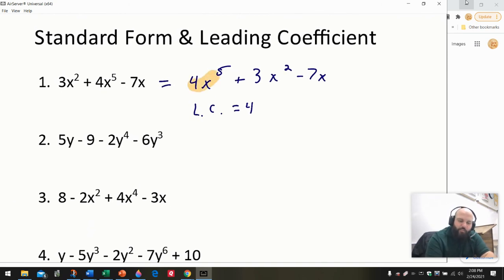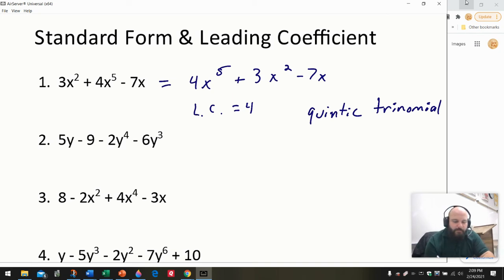In this case, we have 1, 2, 3 terms. So when you have a fifth power, it is called a quintic, and 3 terms is called a trinomial. So that would be called a quintic trinomial.